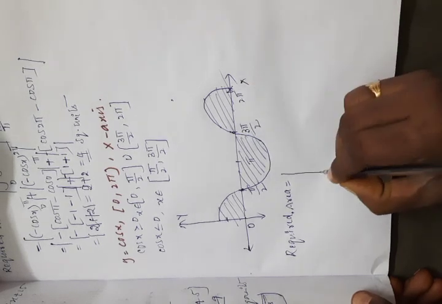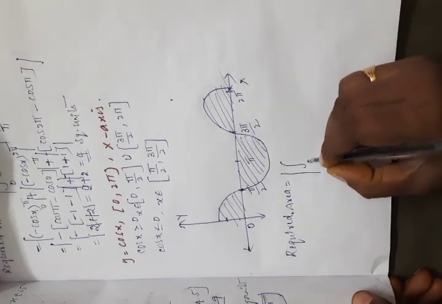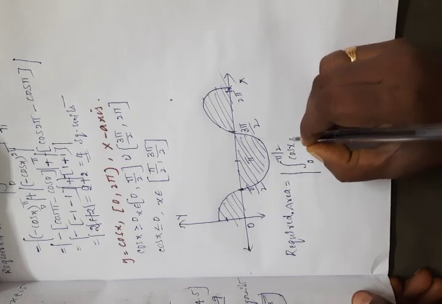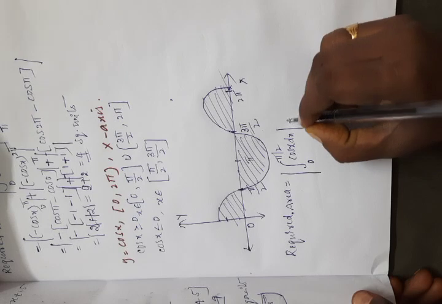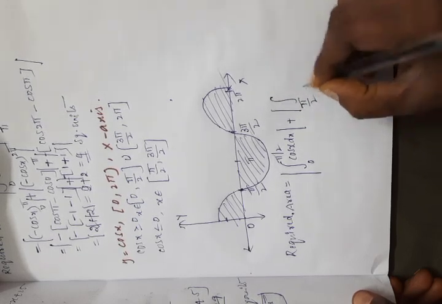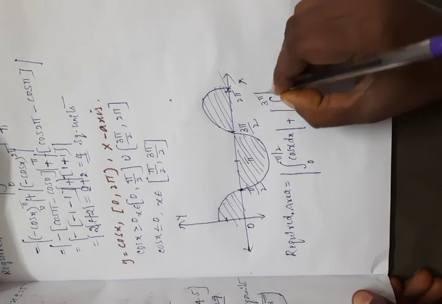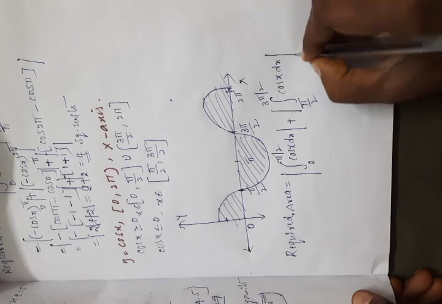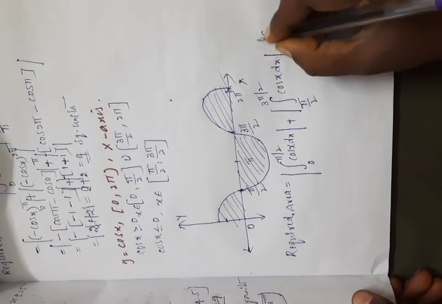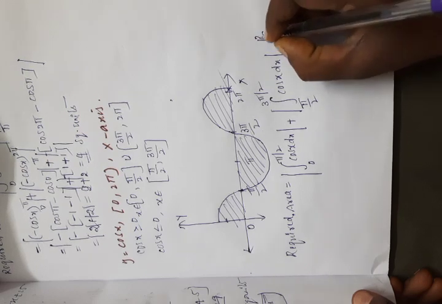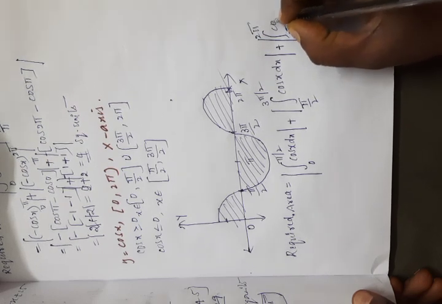Which is equal to mod of integral 0 to pi by 2 cos x dx plus mod of integral pi by 2 to 3 pi by 2 cos x dx plus mod of integral 3 pi by 2 to 2 pi cos x dx.